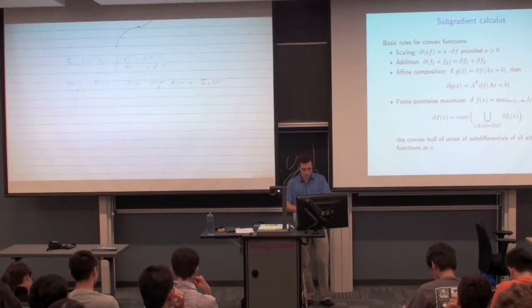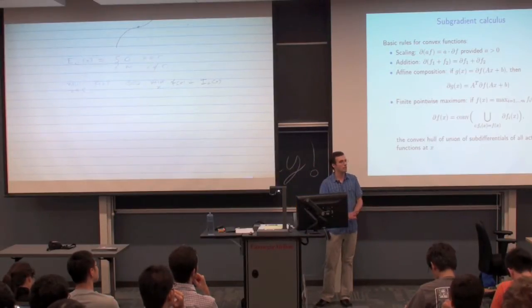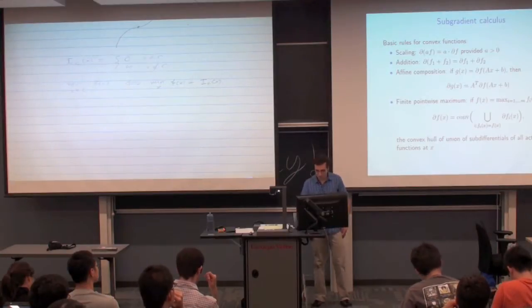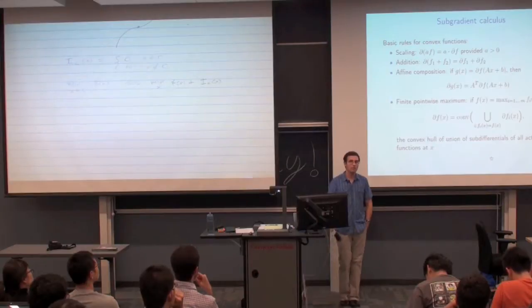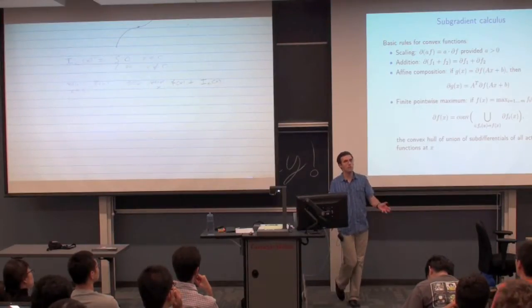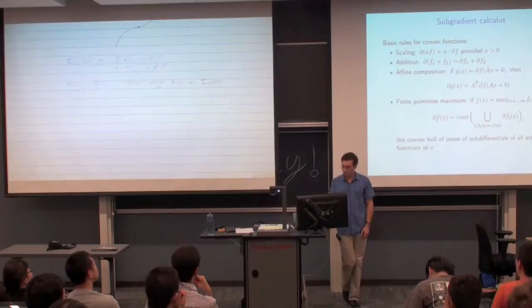Okay, so how do we deal with subgradients just like we deal with gradients? Well, there's subgradient calculus just like gradient calculus. A lot of the rules are very similar. I think these rules are extremely useful to know because computing subgradients from the definition can be a pain. It can be really hard and really tedious. But if we know the subgradients of, say, a handful of things, and then we use these rules, we can compute the subgradients of a lot of different functions much more easily.